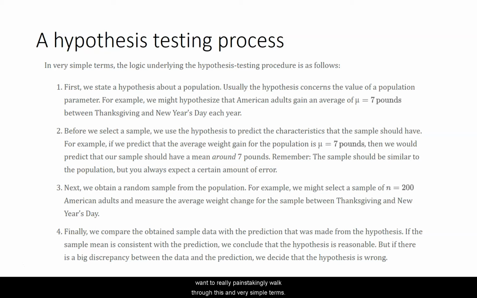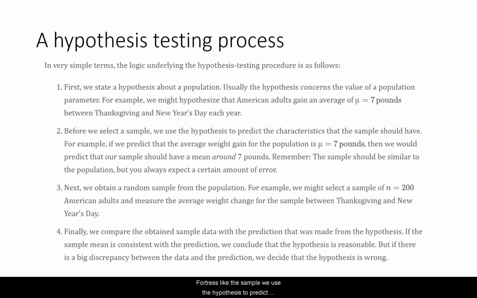In very simple terms, the logic underlying the hypothesis testing procedure is as follows. First, we state a hypothesis about a population. Usually, the hypothesis concerns the value of a population parameter, like mu. For example, we might hypothesize that American adults gain an average of 7 pounds between Thanksgiving and New Year's Day.